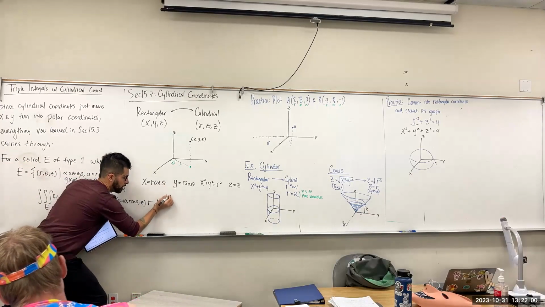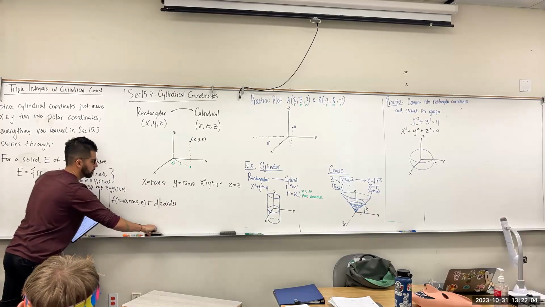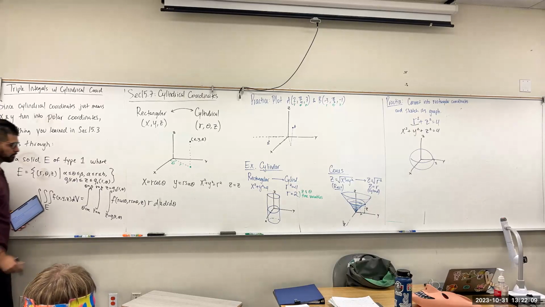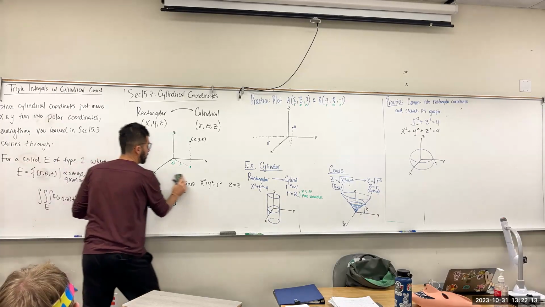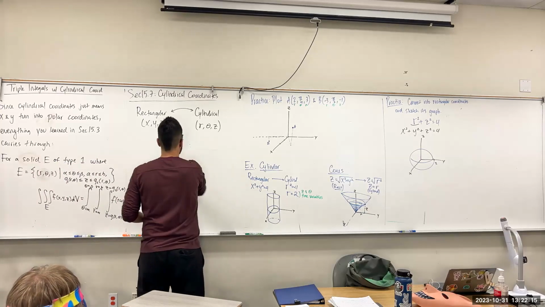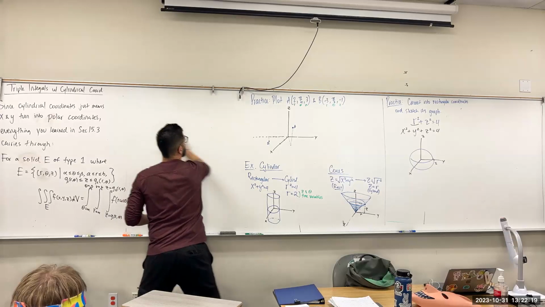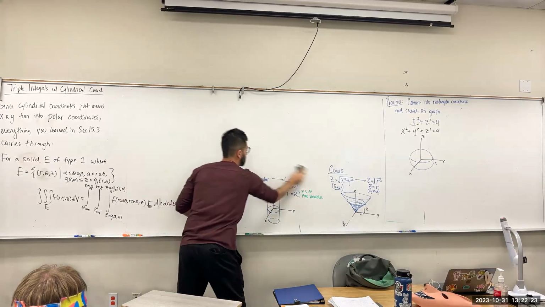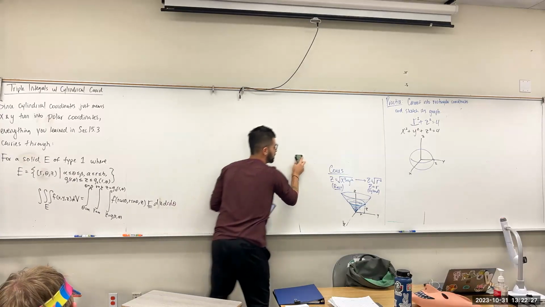So we have that additional r that you have to make sure you don't forget. So don't forget this guy. It's still going to carry through because we're basically making x and y polar. And so it'll feel very similar for cylindricals.